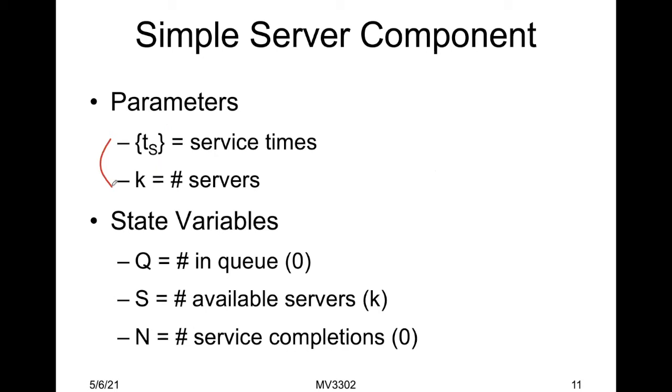So this is simpler than the full-blown multiple server queue component because it leaves those out. Now our state variables, we'll define them as before for Q and S, and then I'll add N for the total number of service completions. And that will be initialized to 0. Okay, so this is how we're going to have our state variables.